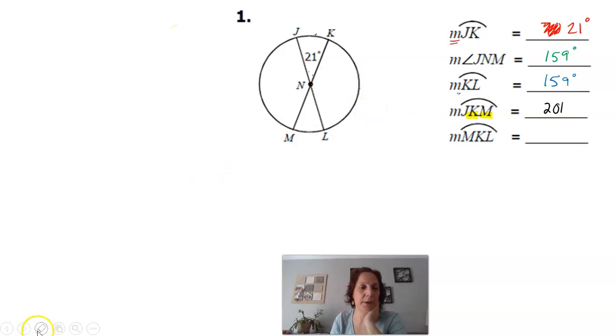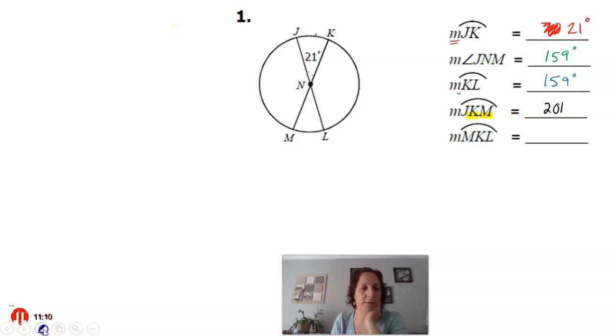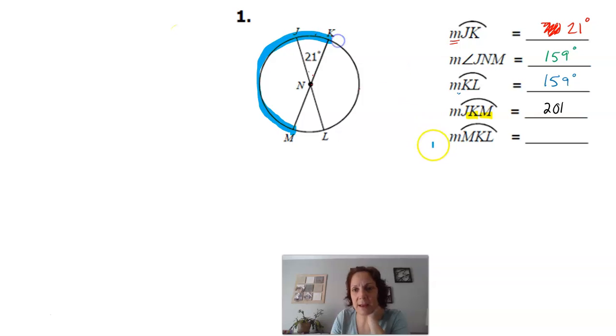Okay, so MKL. That's a lot of arc, right? I need to go from M to K, so M all the way around to K, and then continue to L. That's a big arc. It's almost the whole circle.